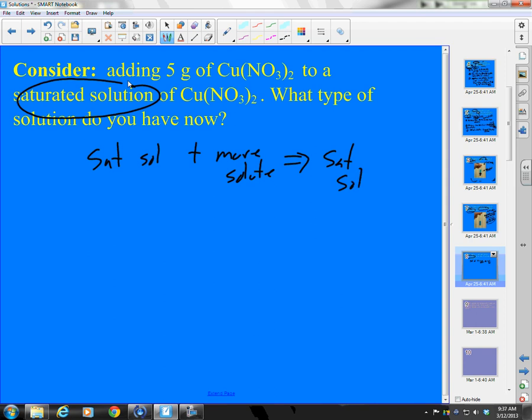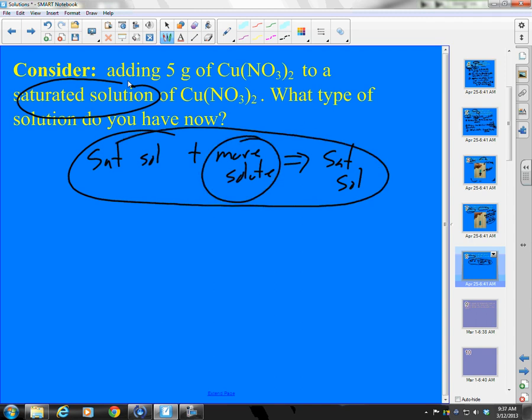Remember, for me to get a supersaturated solution, I have to heat it up or in some way increase my solubility, put more solute in there, and then carefully bring it back to normal conditions and hope that it does not precipitate. But what I wanted you to understand is that by taking a saturated solution and adding more solute to it, you still only have a saturated solution.